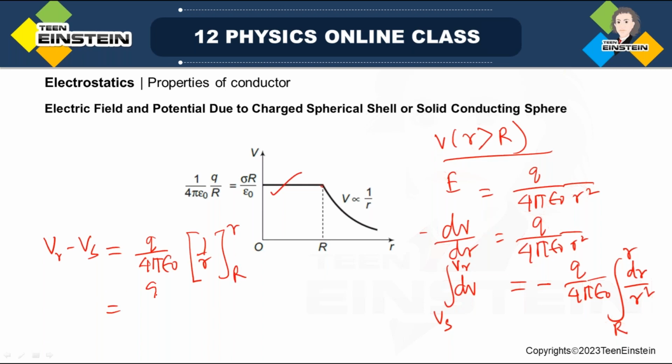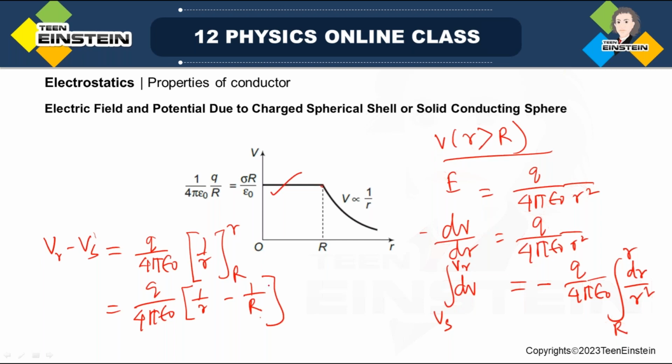Okay, so you get 1 by small r, 1 by R. This is on the surface, and this is also on the surface.